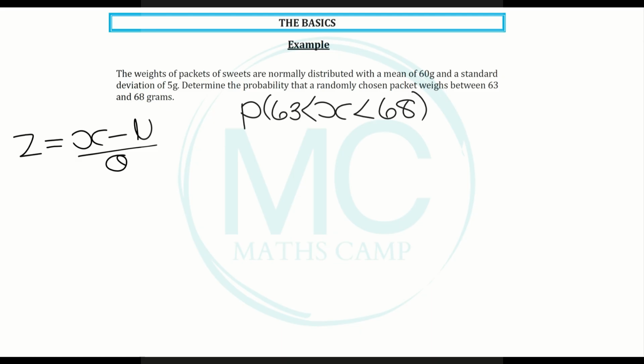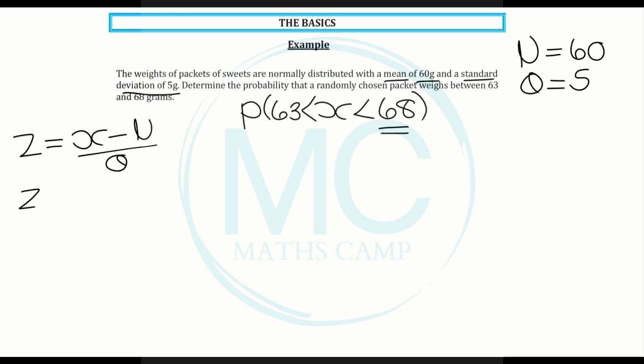The question tells us that our mean mu is 60 grams. So up here I'm going to say that mu is 60. And our standard deviation, sigma, is 5. So sigma is equal to 5. Start with the larger value, 68, and we substitute this into x.